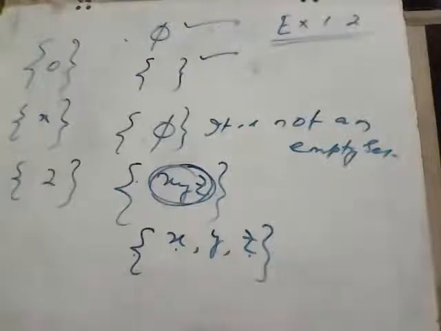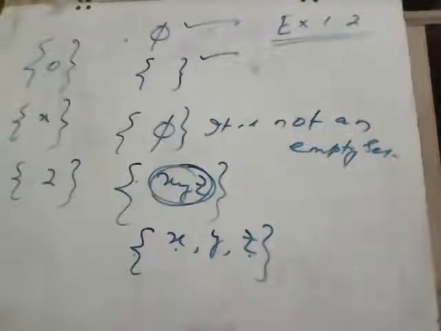No, there is no such natural number which is divisible by 2. Our set is given as the set of all natural numbers divisible by 2. There is no such natural number which is odd and divisible by 2. So this is an empty set or null set.